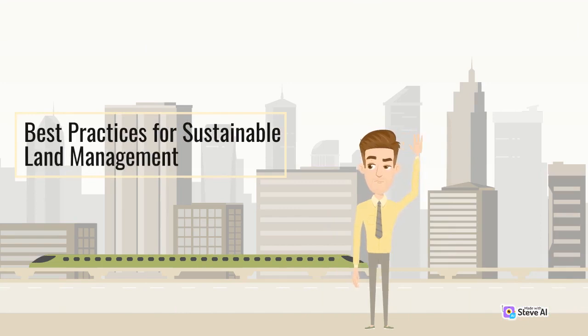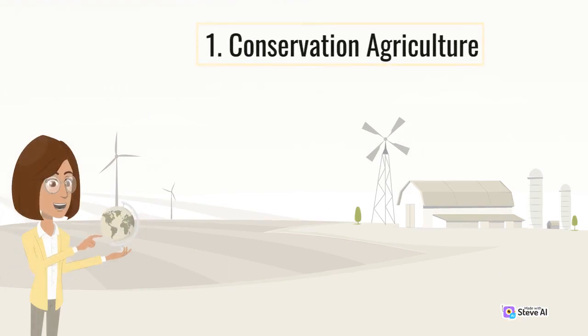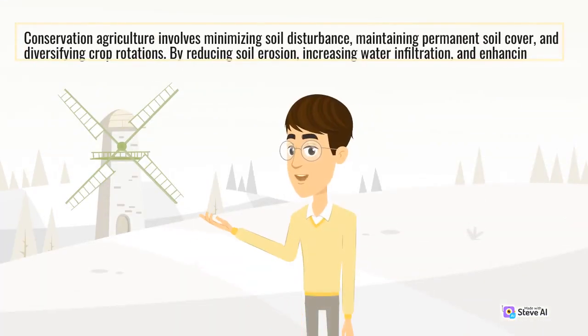Best practices for sustainable land management. 1. Conservation agriculture. Conservation agriculture involves minimizing soil disturbance, maintaining permanent soil cover, and diversifying crop rotations.